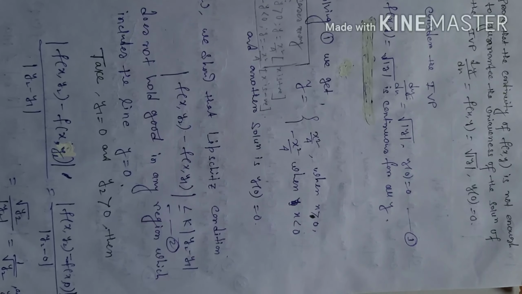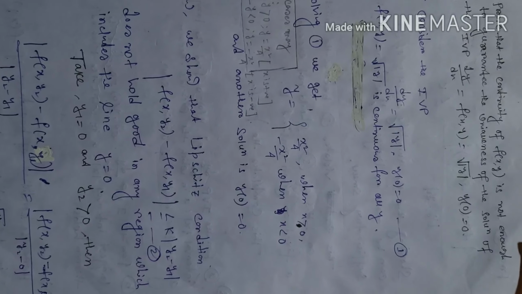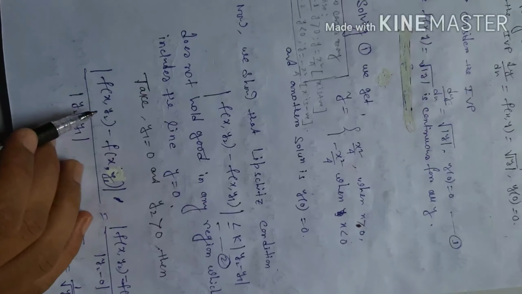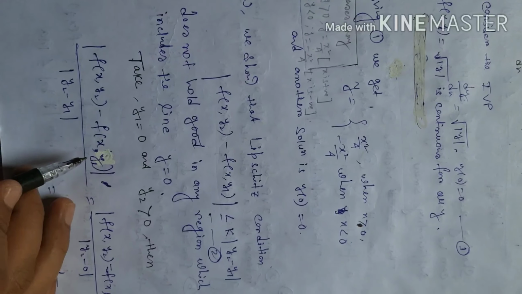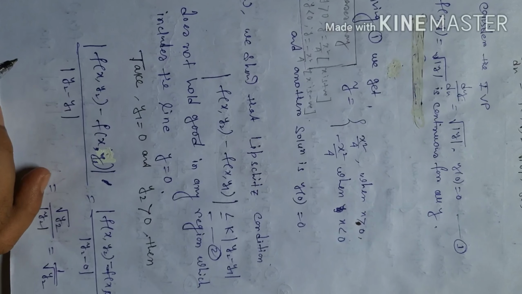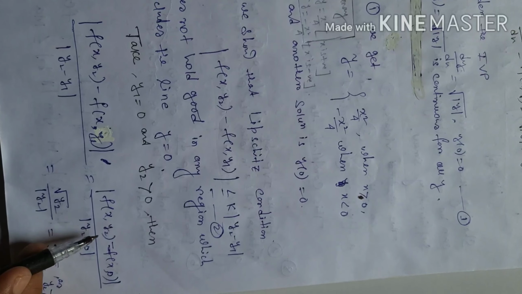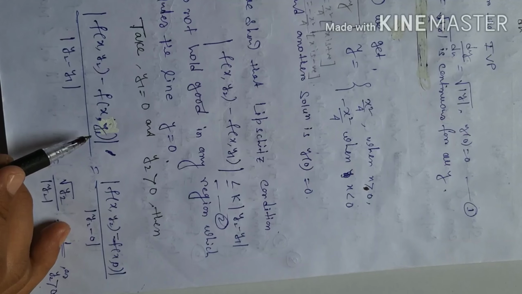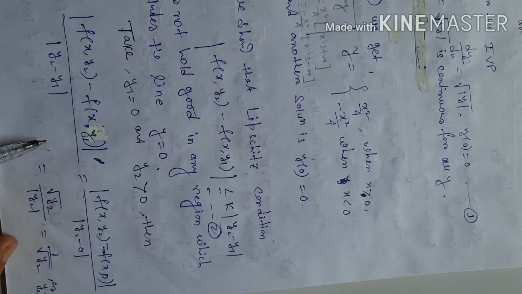We take y1 = 0 and y2 a positive number, that is y2 greater than 0. Then |f(x,y2) - f(x,y1)| divided by |y2 - y1| equals |f(x,y2) - f(x,0)| divided by |y2 - 0|, because we take y1 equal to 0.